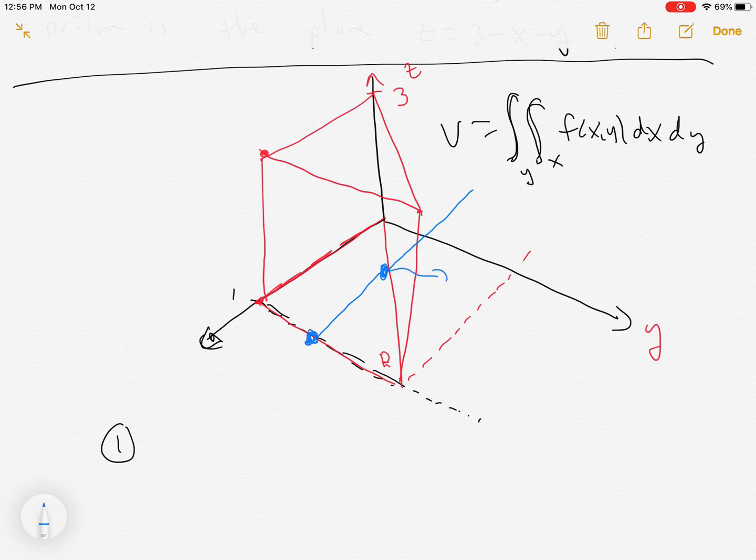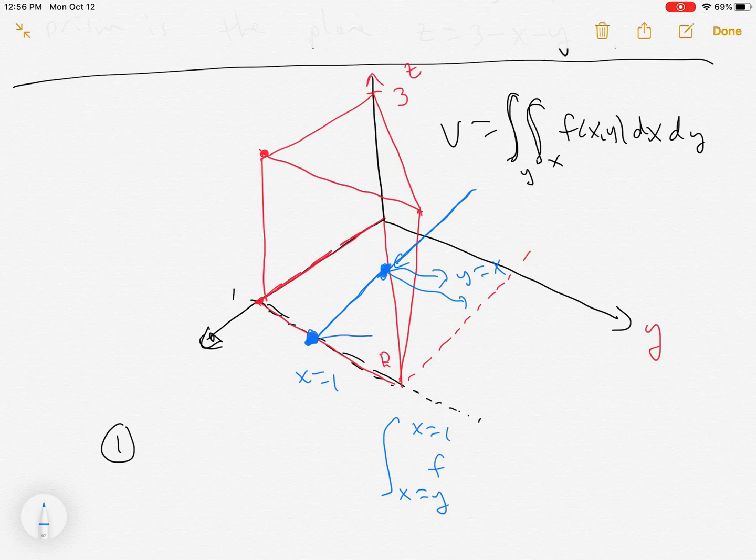And so this is going to be your boundary y equals x, and this is going to be your boundary x equals 1. So first you find these boundaries, and you go, okay, I'm going to come in this way, enter here, and exit here. So this is your lower bound, that's your upper bound. The lower bound is x equals y, and your upper bound is x equals 1.